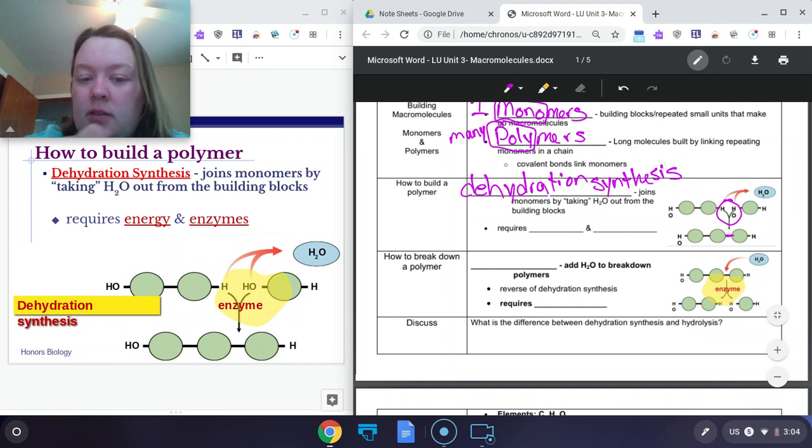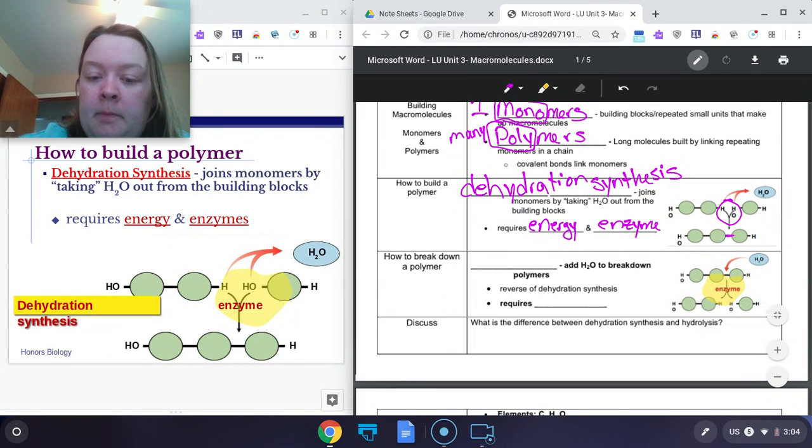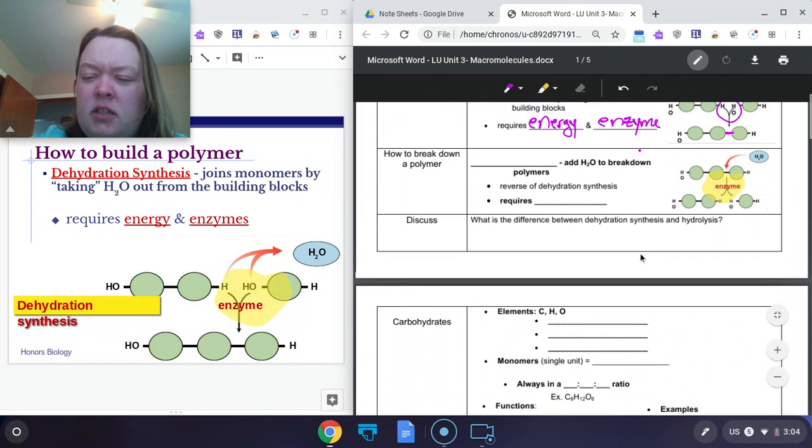This process is going to require the input of energy and the assistance of enzymes. So again, you take away a water molecule to make a bond: dehydration synthesis.